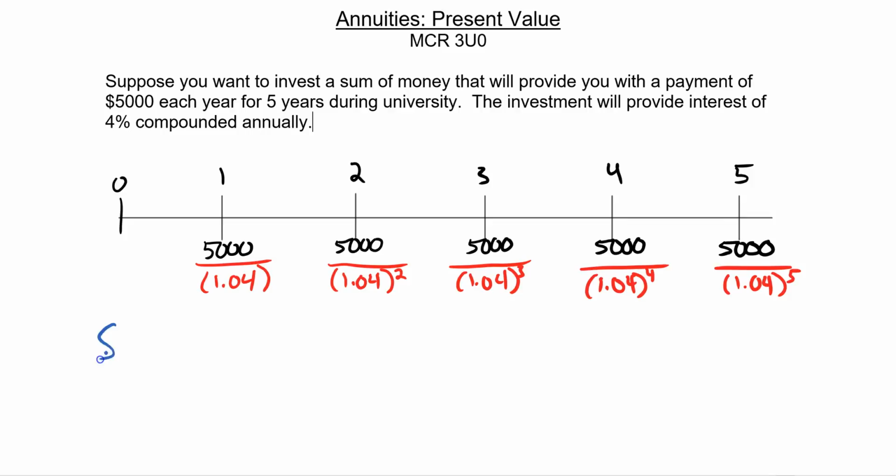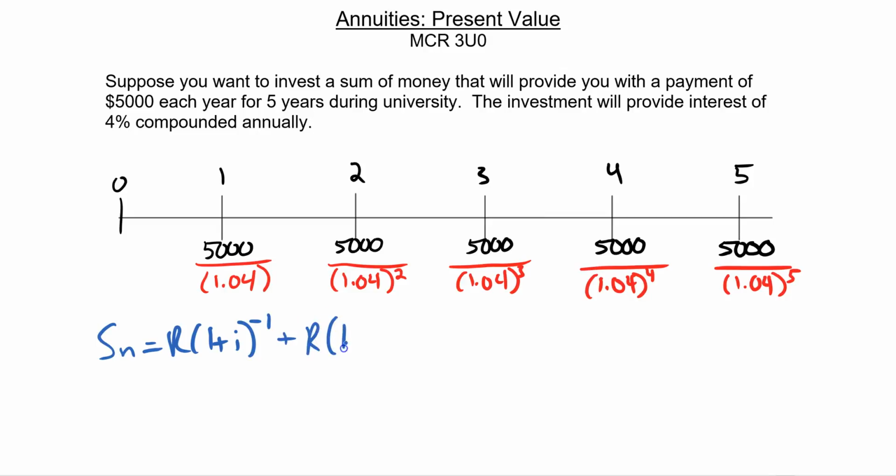So when we're figuring out our sum, and now this is in general, so I'm not going to be using these numbers anymore, the very first term in our series is r times 1 plus i to the power of negative 1, because it's able to earn interest for 1 year or 1 month, whatever it is.